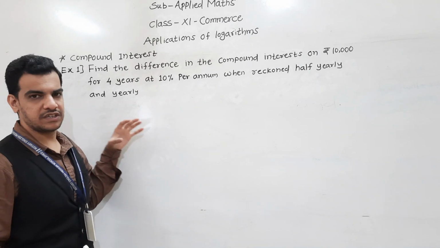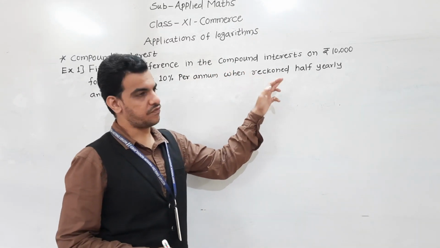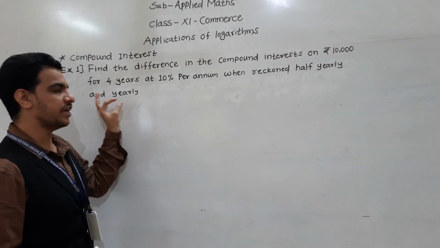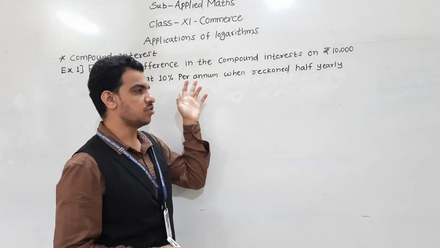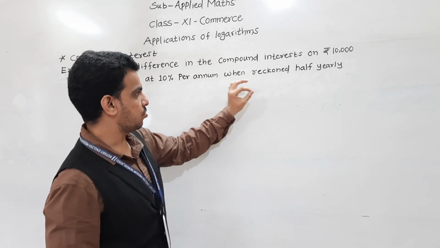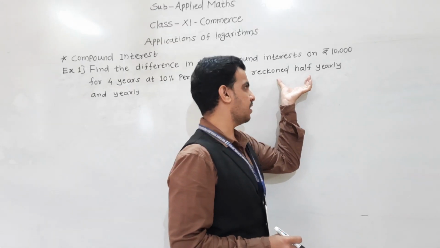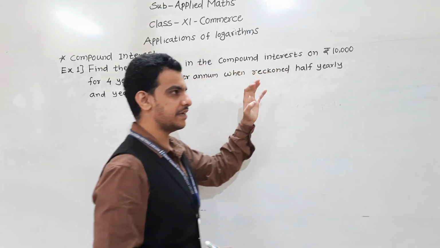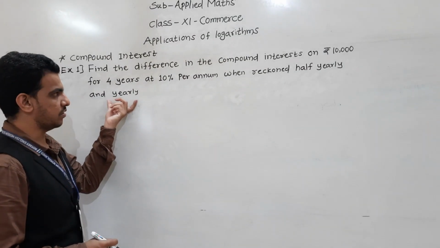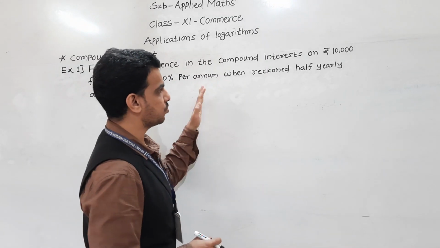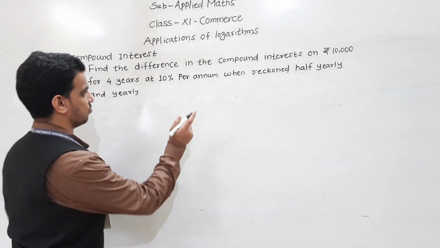So we have to find the compound interest when it is compounded half yearly and when it is compounded yearly, and then find the difference between those two interests. Obviously, when reckoned half yearly, the interest is more than when it is reckoned yearly. So we first find both compound interests and then find the difference.